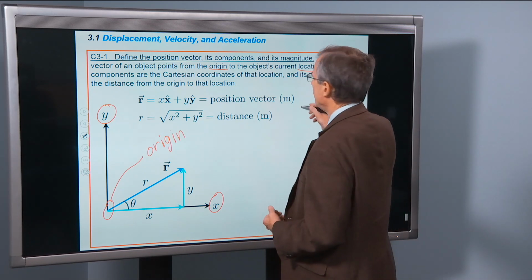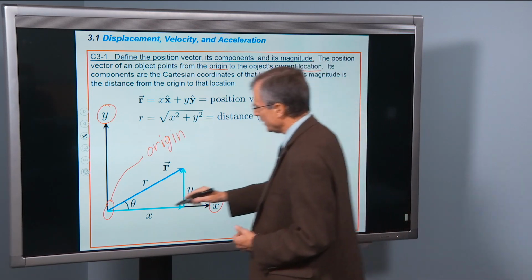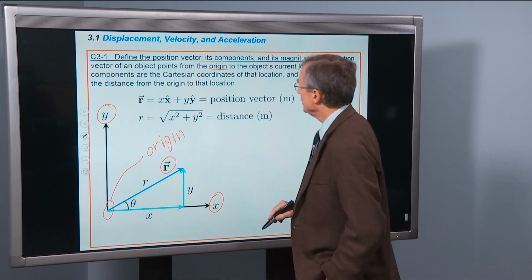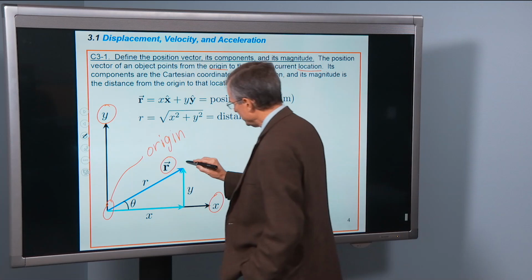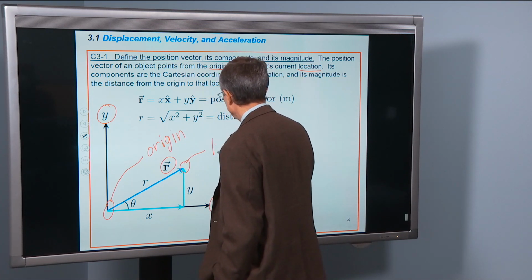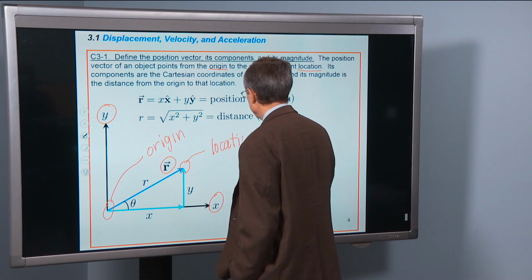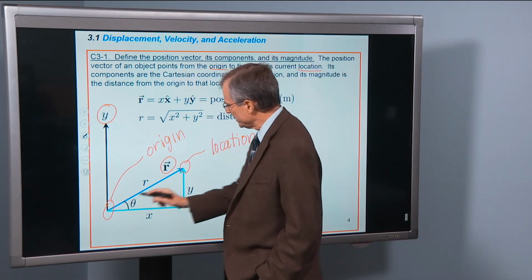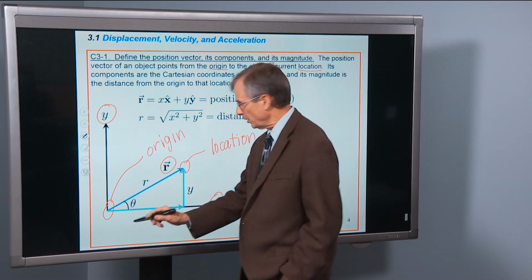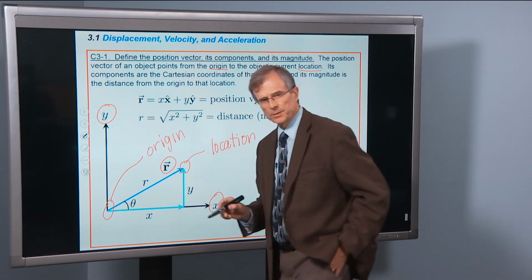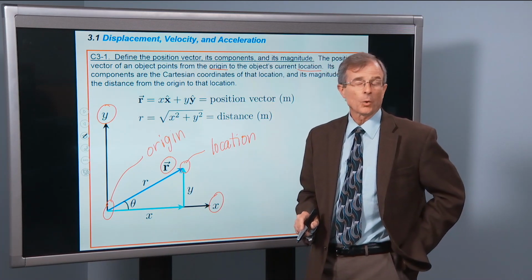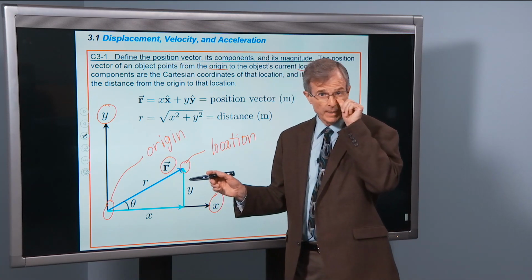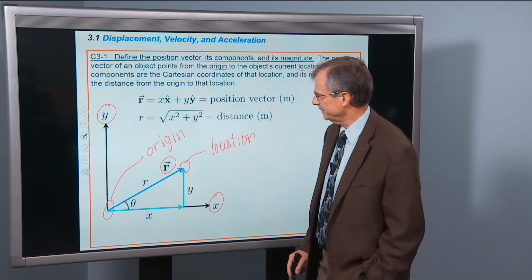So this position vector points from that origin to the current location of the object. It's denoted by this dark blue arrow, and its symbol to represent the position vector is lowercase r. And as usual, we'll put that in boldface and put an arrow over the top of it.